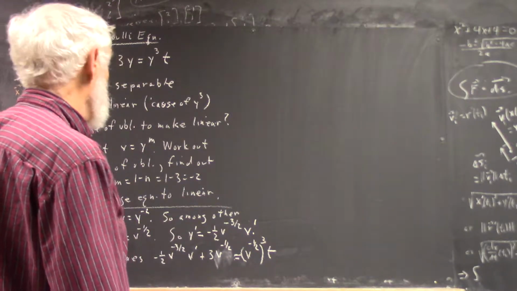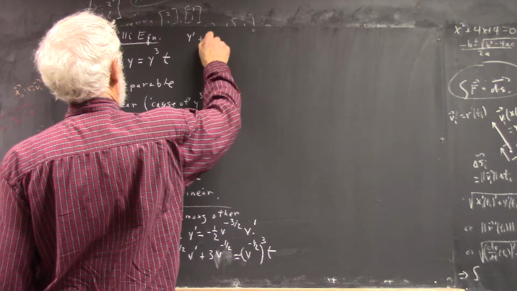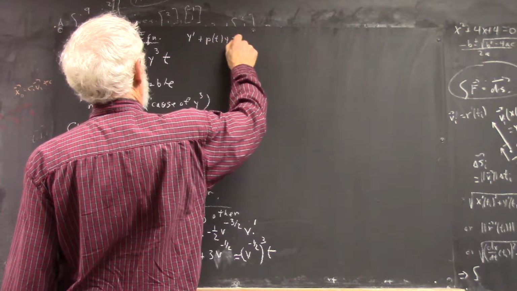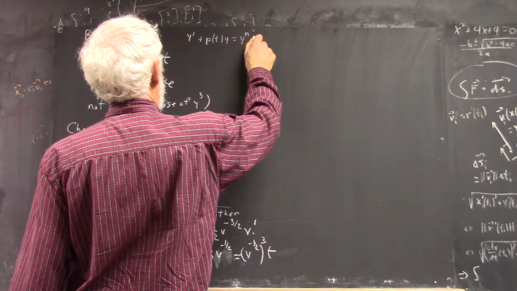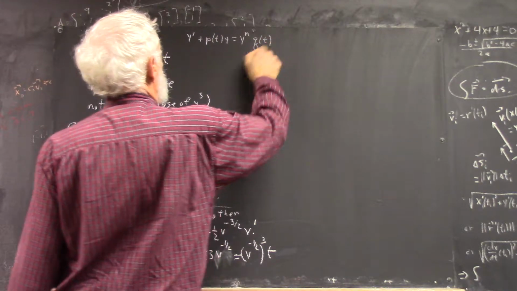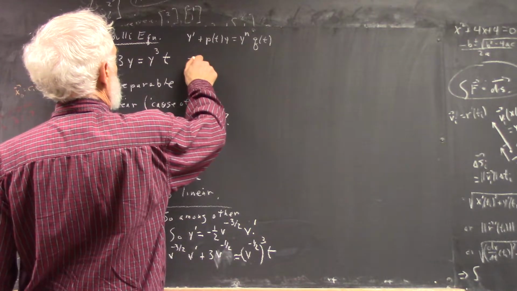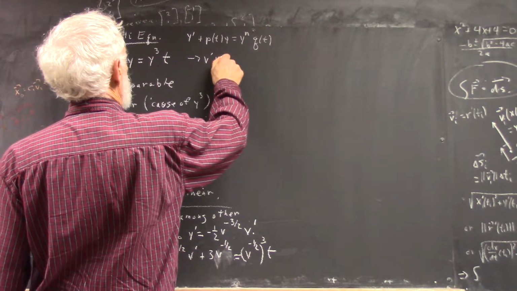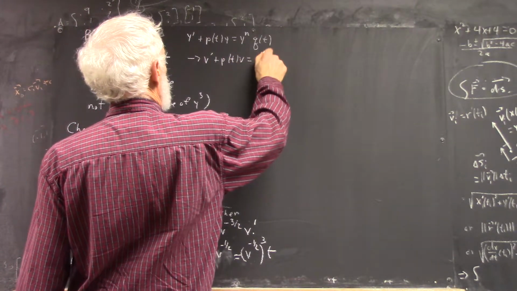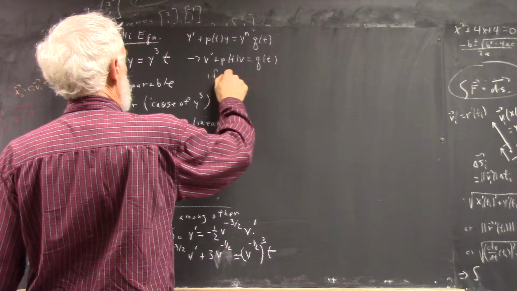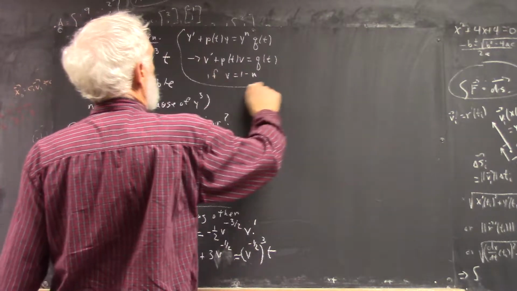I think that's the form they use. And this will become v prime plus p of t v equals q of t, if v equals y to the 1 minus n. That's what the whole change of variable thing tells you.